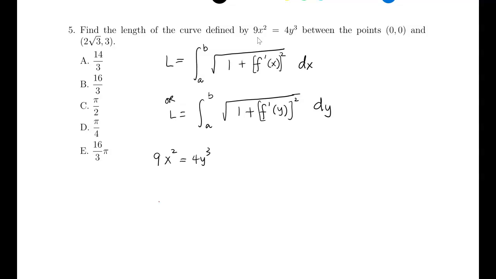I'll divide both sides of the equation by 9. I'll have x squared equal to 4 over 9 y cubed, and then you can compute x by taking the square root.